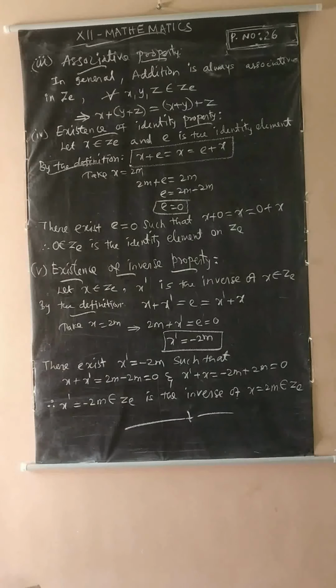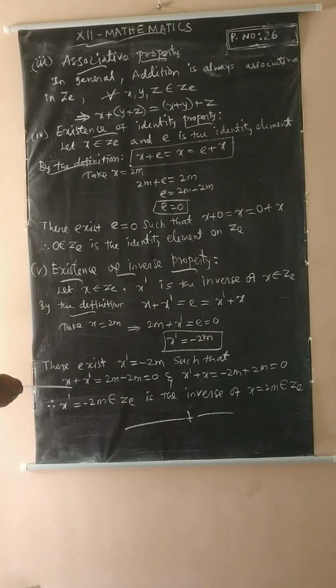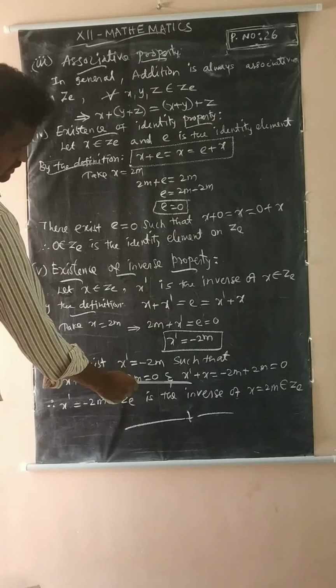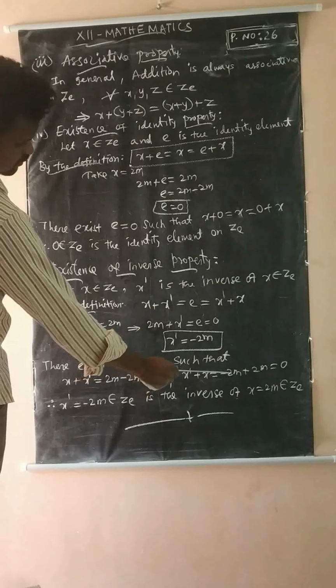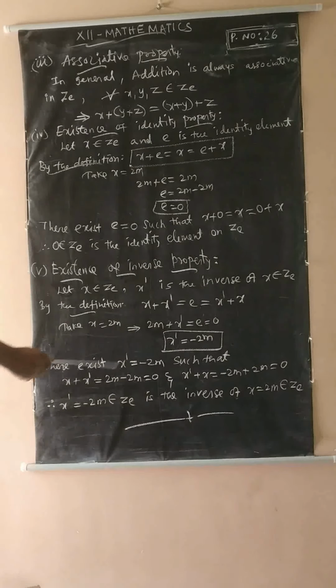That is minus 2m. So there exists x dash equal to minus 2m such that x plus x dash, first part: x is 2m and x dash is minus 2m, addition of this is 0. Then the right hand side part, x dash plus x is minus 2m plus 2m, the subtraction is 0. So the condition is satisfied.